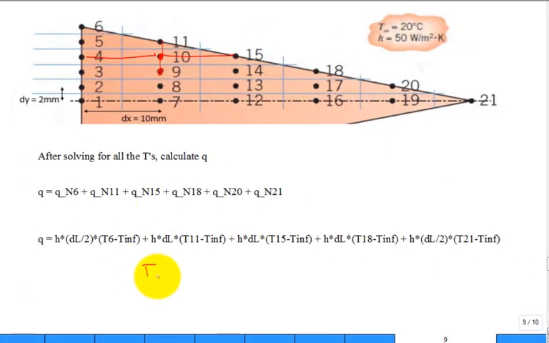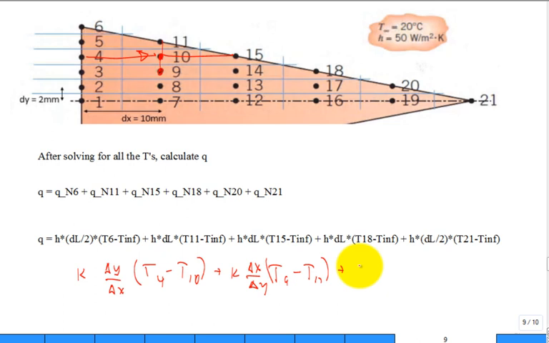And so it'll be temperature 4 minus temperature 10, times K times my area, which would be delta Y divided by delta X. And then from 9 to 10, you pick up K times delta X divided by delta Y, and then K times delta Y divided by delta X times T15 minus T10, equal to 0 when it's in equilibrium.